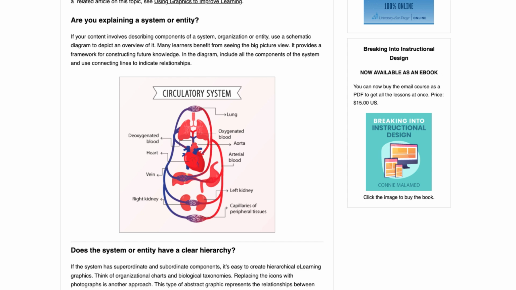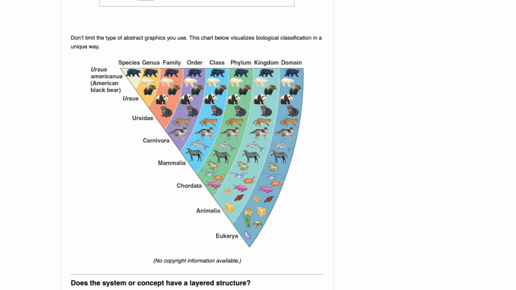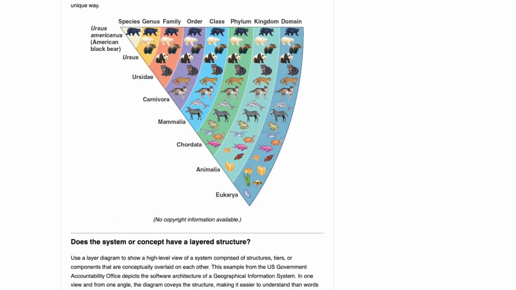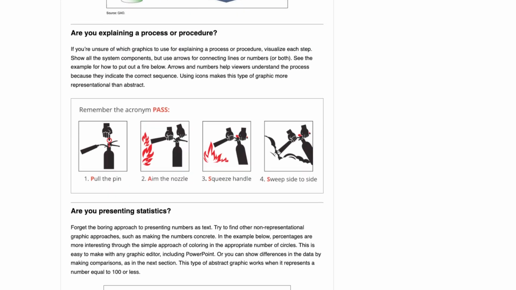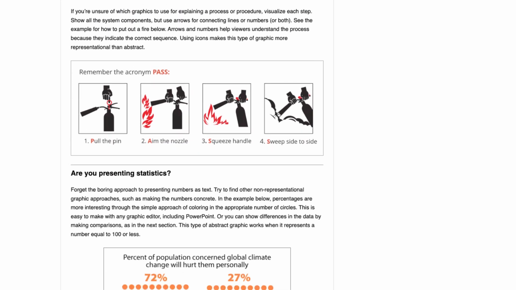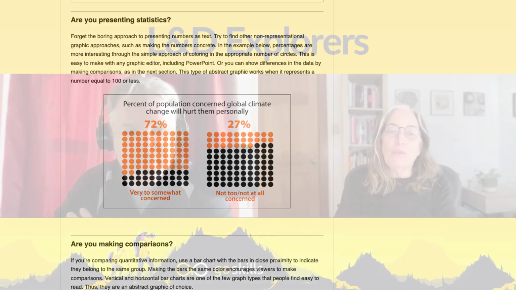So that would be a diagram. If we're telling a story, then we want to show the characters and their environment. So there is a way to make some kind of one-to-one correspondence between what's our goal in that moment, not the goal for the whole course, but the goal for that explanation.